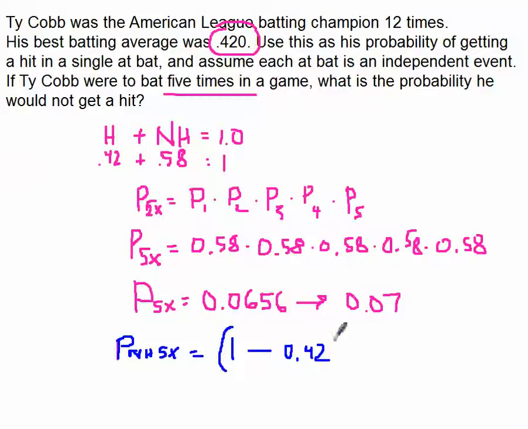Now, when I do that, really what I'm doing is the same thing that I'm doing up here. I'm still going to get 0.58. But in this case, 1 minus the probability he is going to get a hit is going to tell me the probability that he's not going to get a hit.